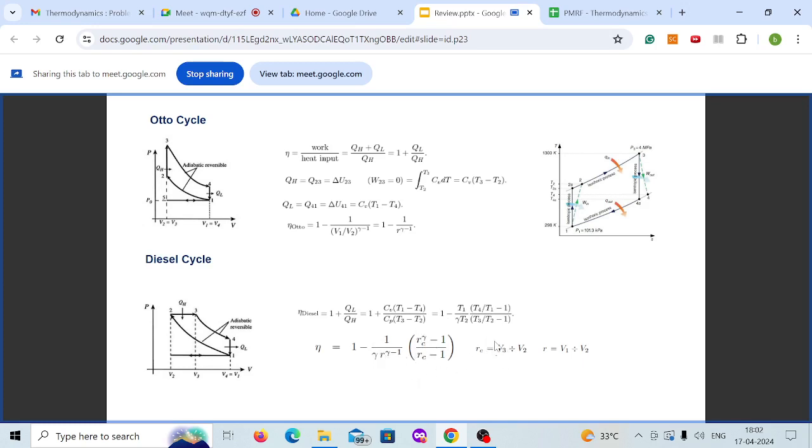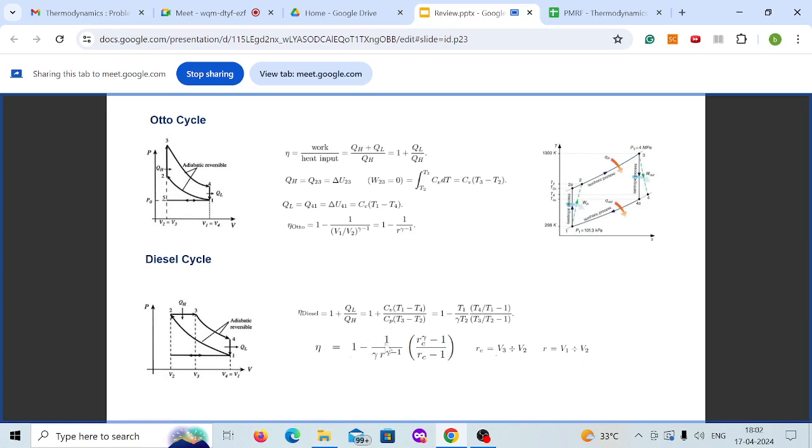Rc^gamma minus 1 by Rc minus 1. Here Rc is the cutoff ratio. Cutoff ratio is V3 by V2, which is the volume ratio in the heat addition process, and r is your compression ratio V1 by V2. So this gives you the diesel cycle efficiency.